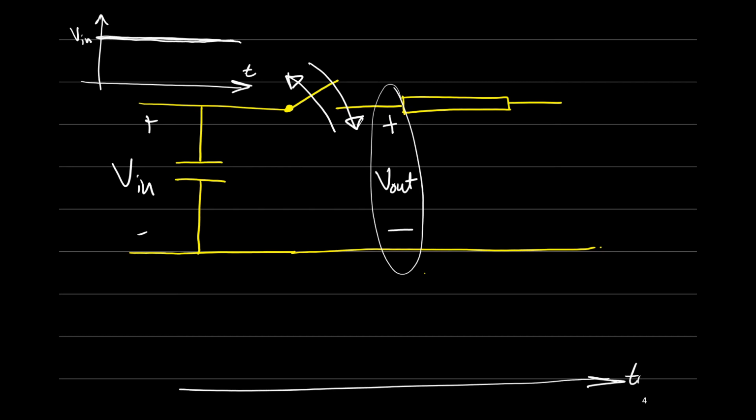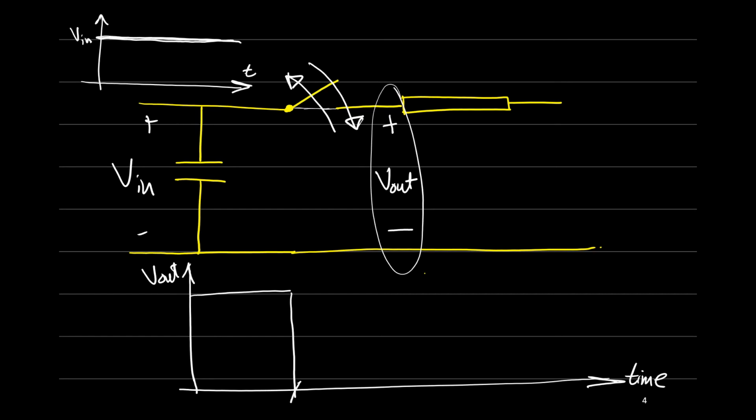So when the switch is on, which means the switch is a short circuit, the output voltage will be equal to the input voltage. So the V out will be equal exactly to the Vin because the switch is a short circuit.